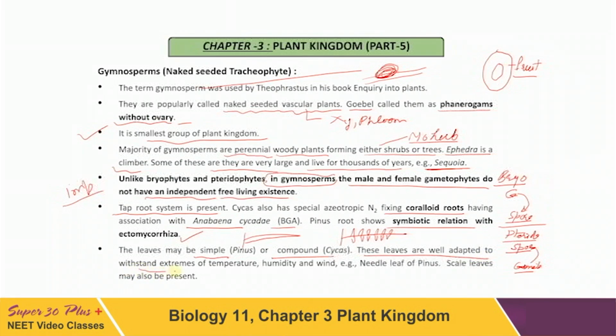They can withstand extremes of temperature, humidity and wind. In case of Pinus, the leaves are needle shaped and the scale leaves are also present on stem. The leaves are in position to tolerate extremes of temperatures.